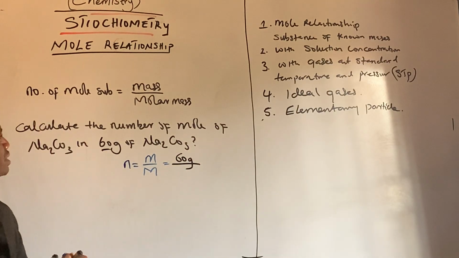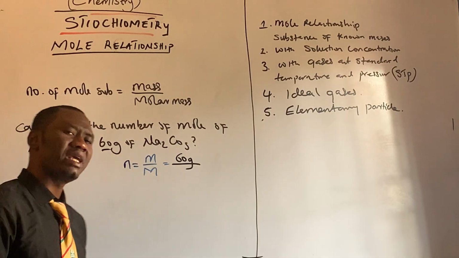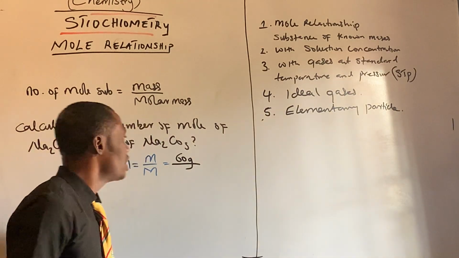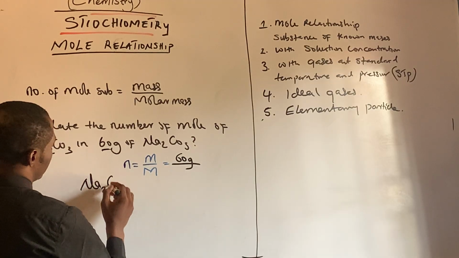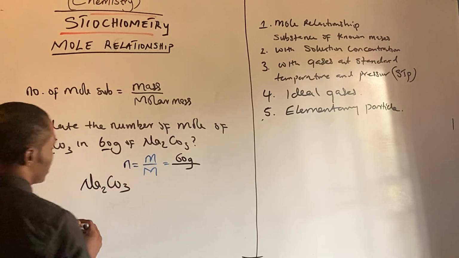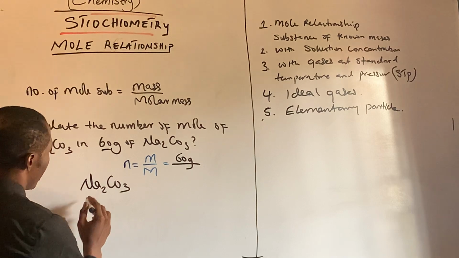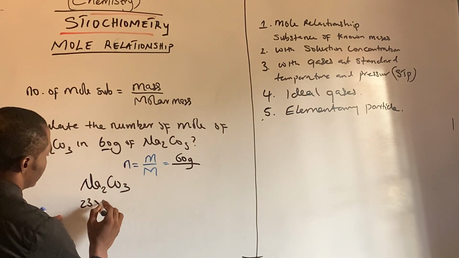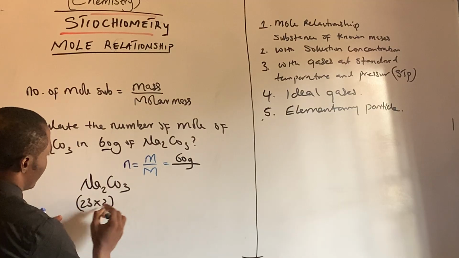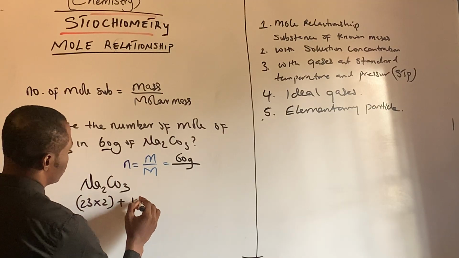Then the molar mass, which is supposed to be in gram per mole: sodium is 23, times 2 because we have 2 sodium, that is 46. Carbon is 12.